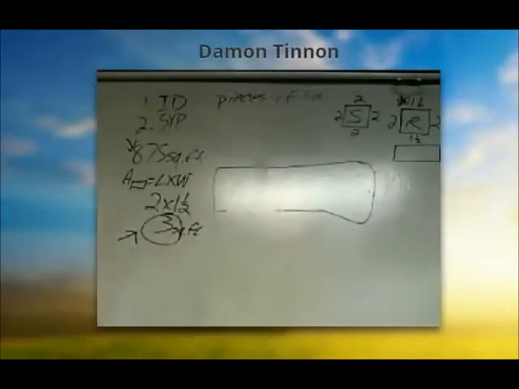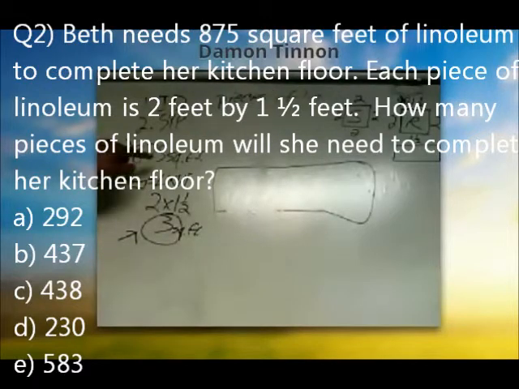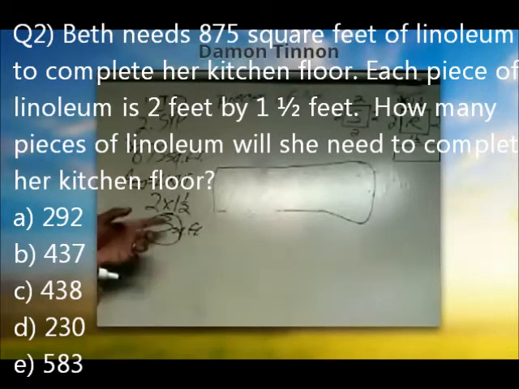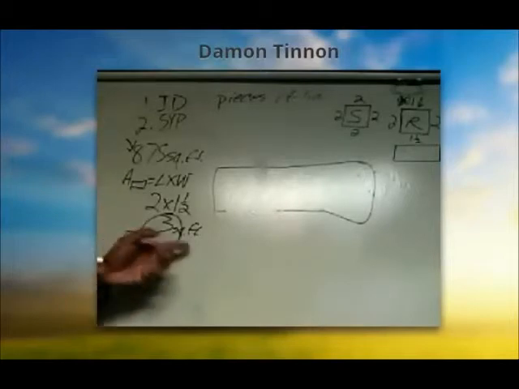So now all we're doing is stating the problem. So we know that we need to find out how many pieces of linoleum will it take to cover 875 square feet of this kitchen. And now we found out by multiplying the length times the width of each linoleum piece that the total size of one piece of linoleum is 3 square feet.